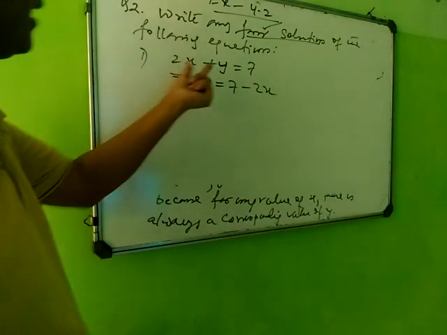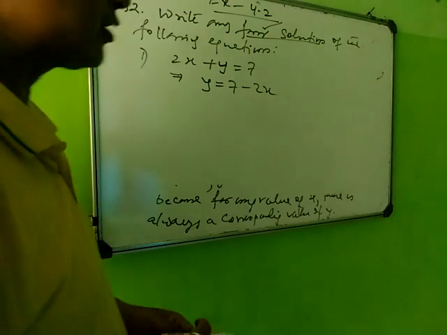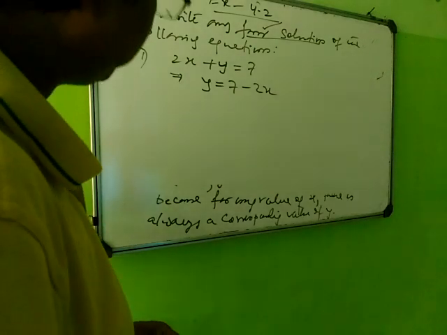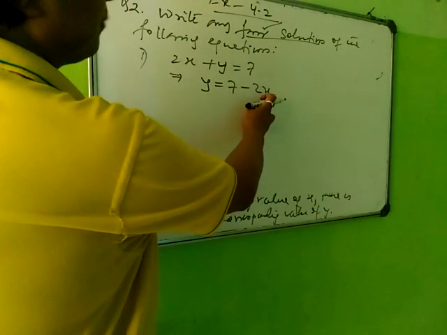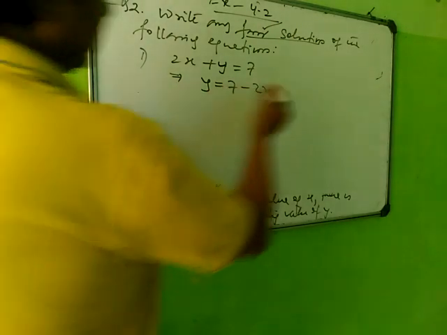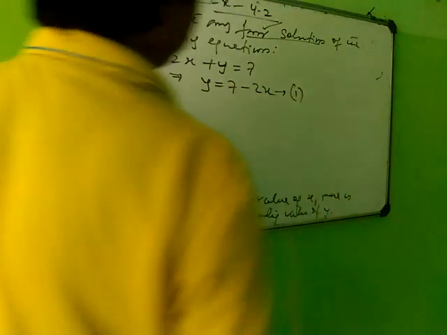Normally a pair of linear equations has infinite solutions, but you will write any 4. So here, let us take the value of x. Let us call this equation number 1.